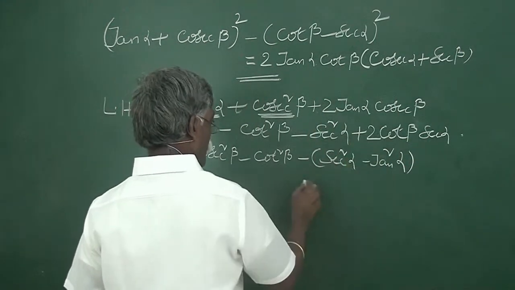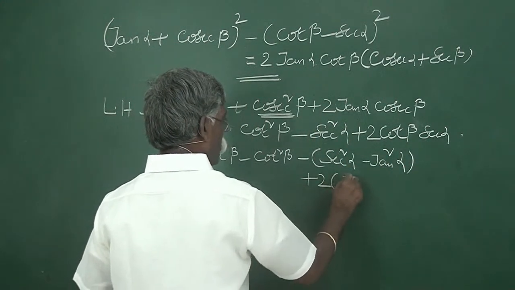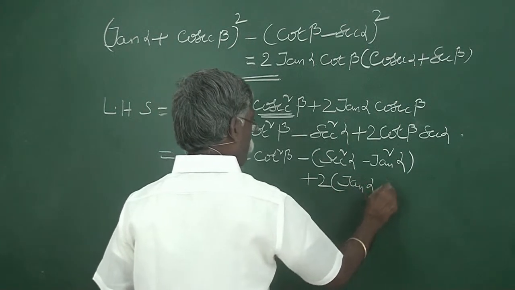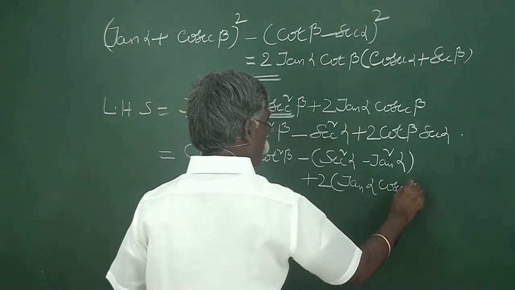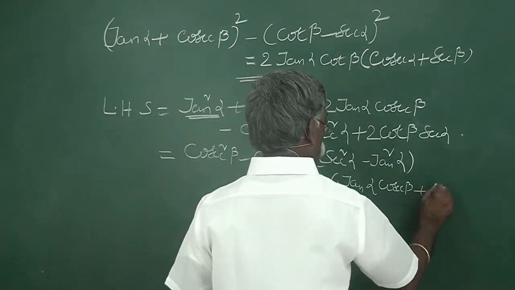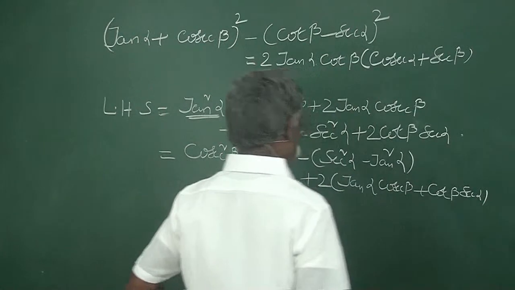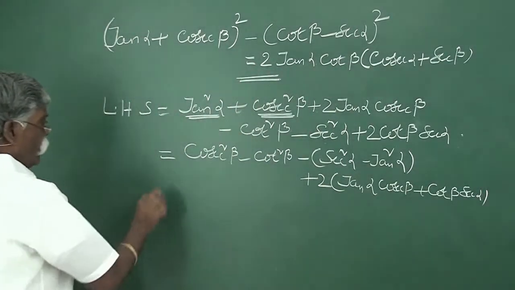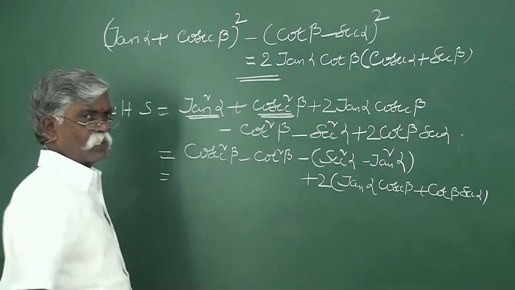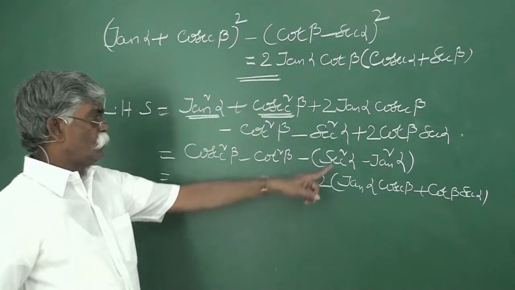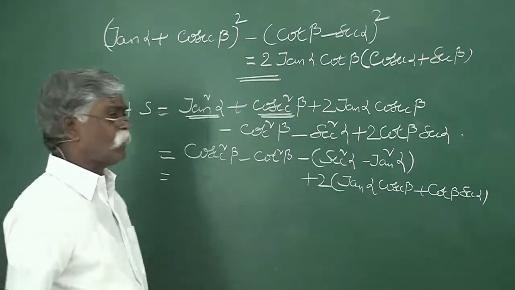And here in these two, we can take 2 common. 2 into tan alpha cosecant beta plus cot beta secant alpha. Now, cosecant square beta minus cot square beta is 1. Secant square alpha minus tan square alpha is 1.